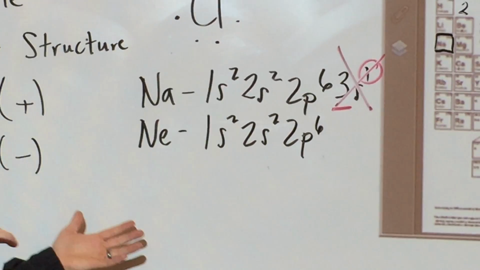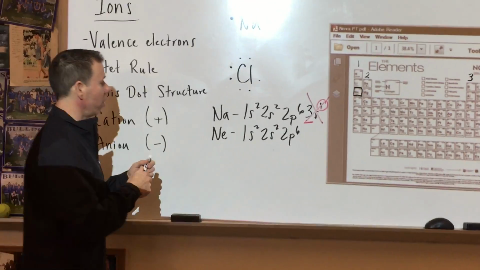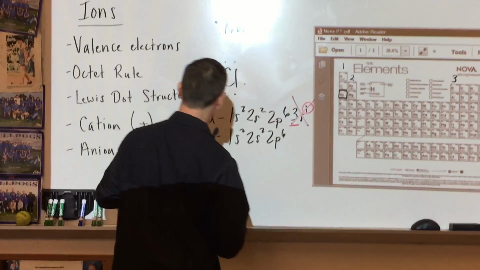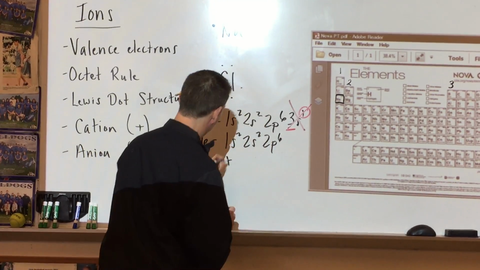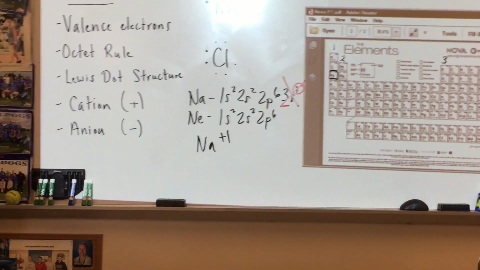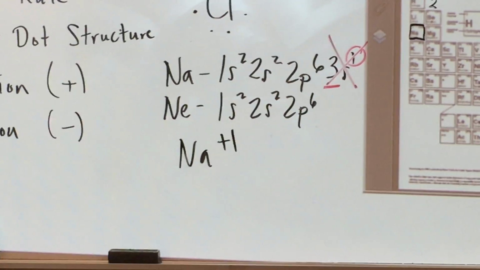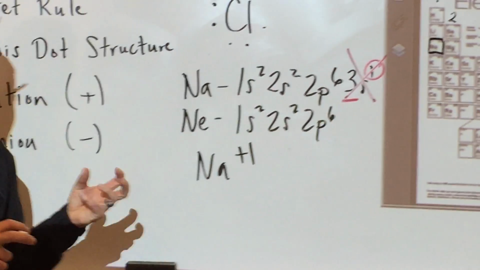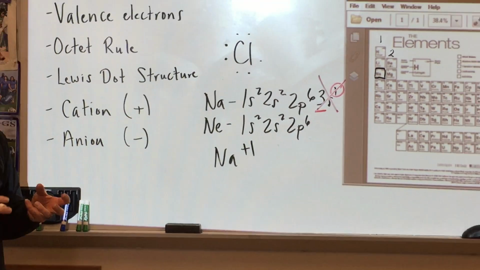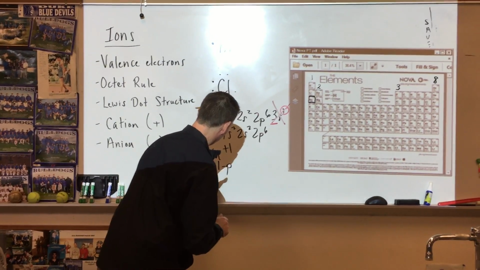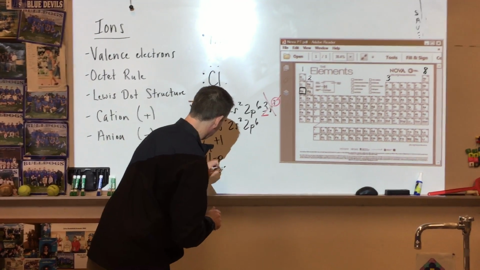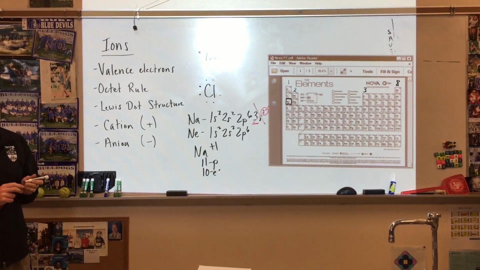When sodium does that, now all of a sudden it has a +1 charge because it has 1 less electron than protons. So right now it would have 11 protons and only 10 electrons.